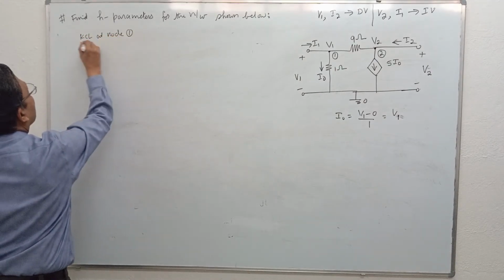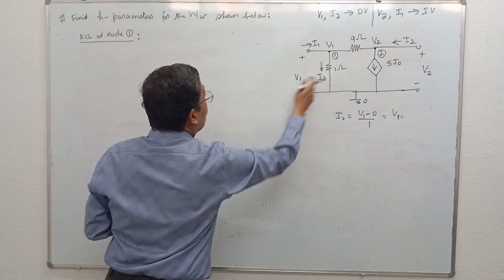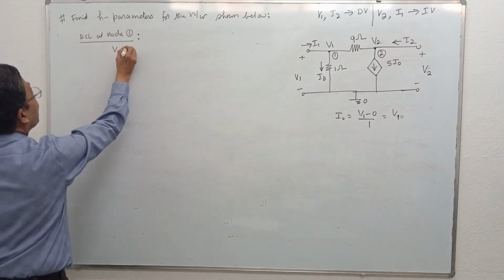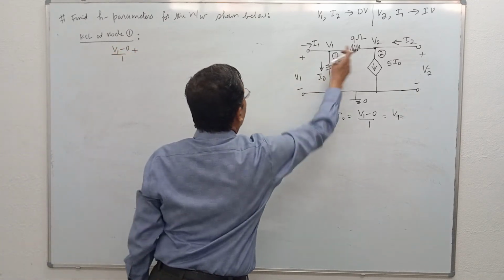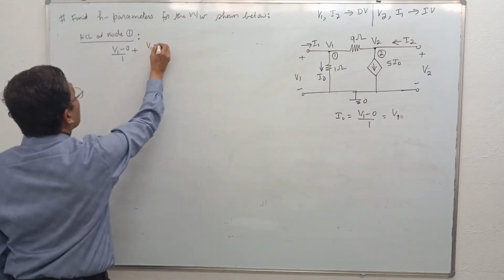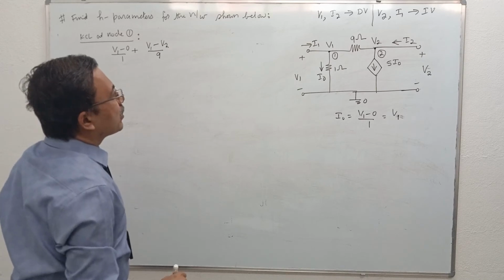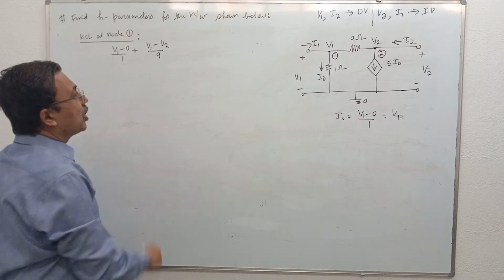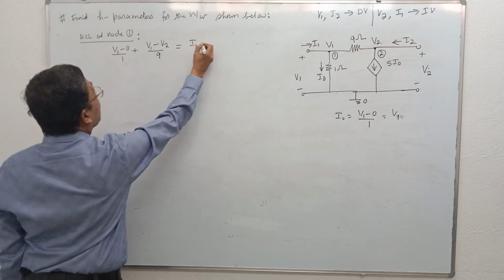KCL, let us apply KCL at node 1. What is current in 1 ohm? Current in 1 ohm is V1 minus 0 divided by 1. What is current in 9 ohms? It is V1 minus V2 divided by 9. Correct? These are the two currents leaving node 1. This must be equal to current entering, which is I1.